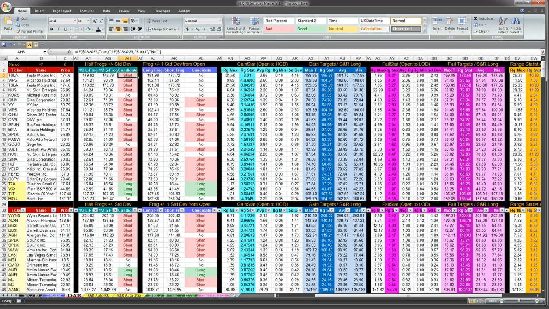I put a little formula in there to tell me if the price is lower than the frog price, then it's a short candidate. If it's greater than, it's a long candidate. So I just did that for the frogs.